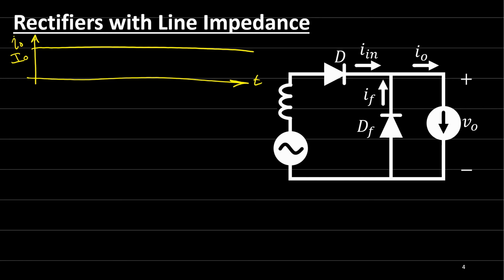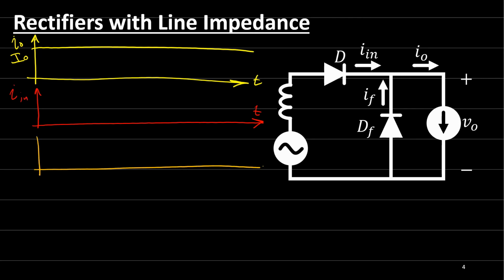Then we'll draw the currents for the main diode, which is the input current, and the freewheeling diode current. So here we have the input current, I input, and here we have the freewheeling diode current, IF.